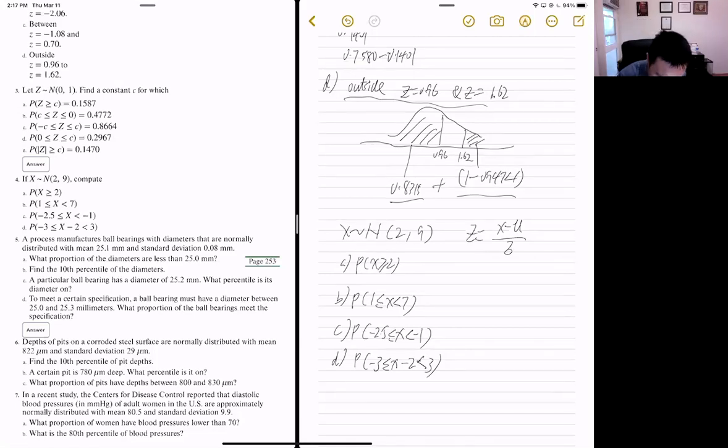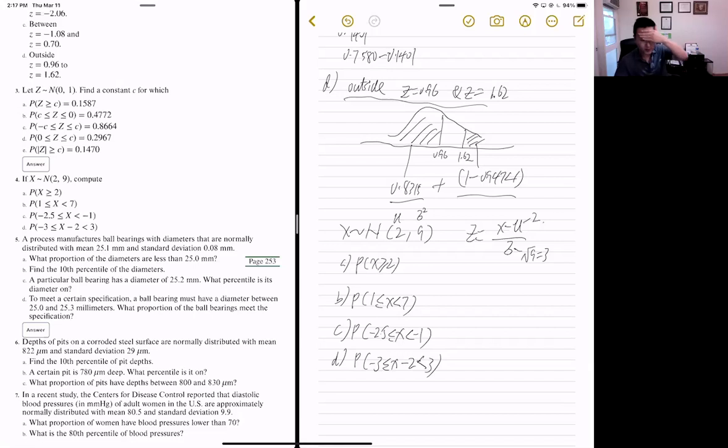Okay. So here, for the normal distribution, mu is 2. That's mu. Okay. What is sigma? So sigma squared is 9. So sigma is square root of 9, so that's 3. Okay. So mu is equal to 2.